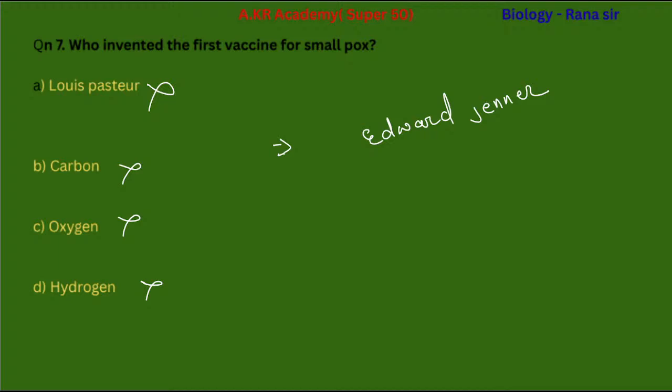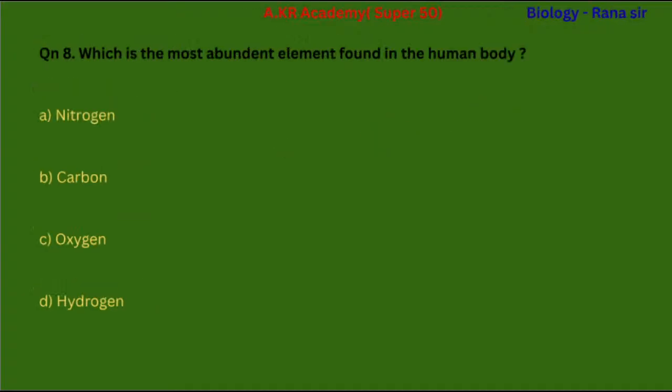Which is the most abundant element found in the human body? Oxygen.